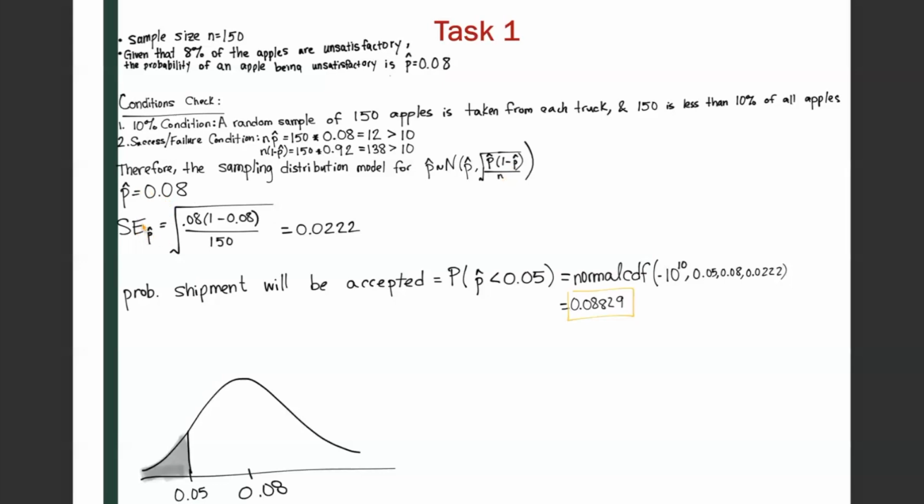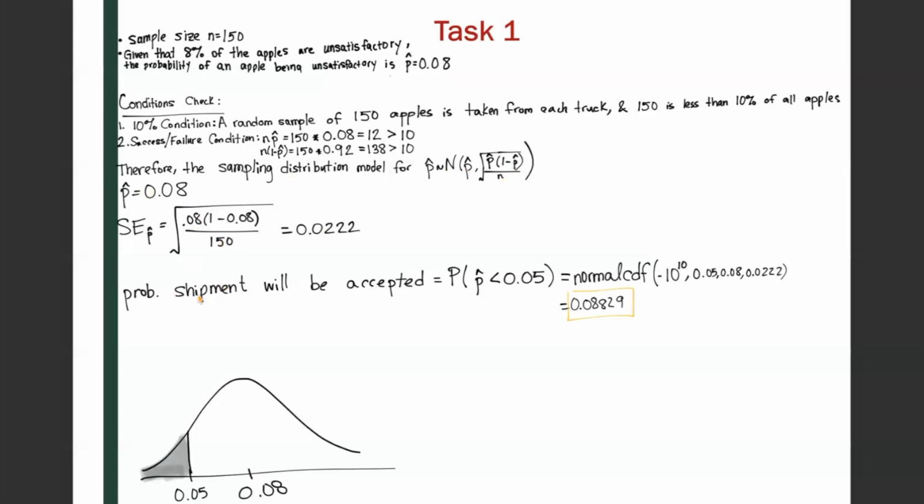So our mean is 0.08, and our standard error is going to be 0.08 times 1 minus 0.08 divided by 150, and then you take the square root of that, which gives us 0.0222. So that gives us our sampling distribution.